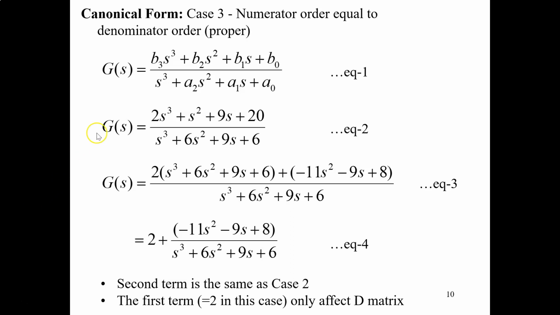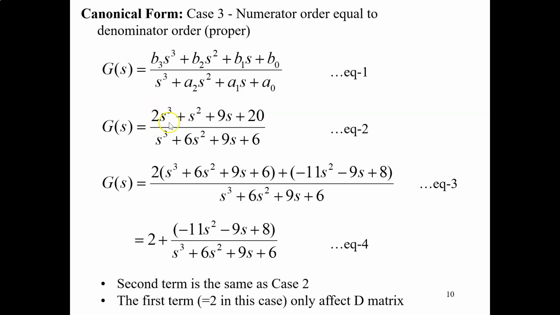This example you're seeing now is the third case, where the order of the numerator is the same as the order of the denominator terms. So we will do this in three steps. First step, we need to get rid of the s cubed on the top.